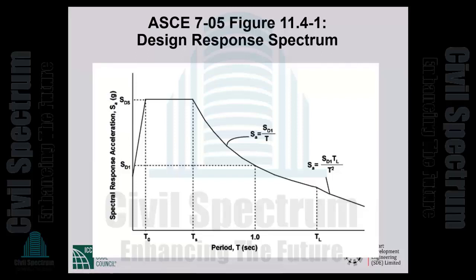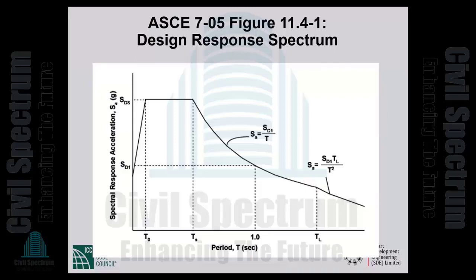The third branch in some ways is an add-on, and to draw the third branch, all you need in addition to S sub DS and S sub D1 is the period T sub L, the long period transition period.